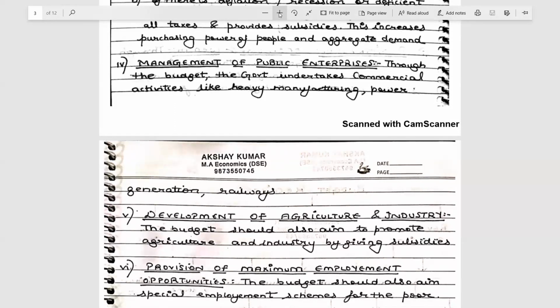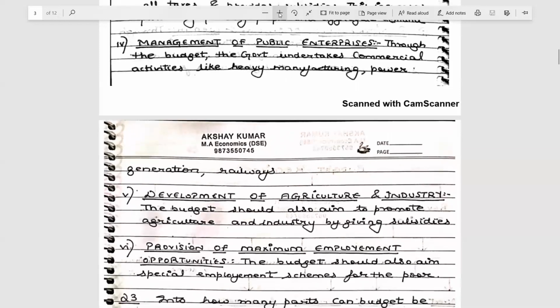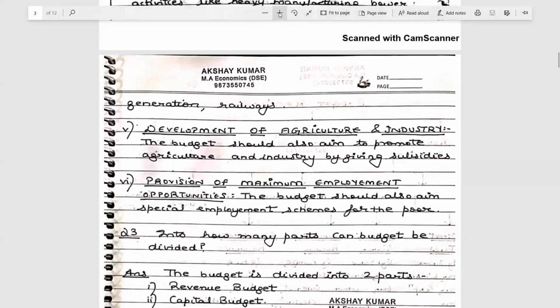Okay, so all the public enterprises of the government are managed through the government budget. Okay, the fifth objective of preparing a budget, development of agriculture and industry. All of us know three major sectors of any economy: agriculture, industry and services. और आपको यही पता होना चाहिए कि ये सारे सेक्टर्स आपस में भी इंटरलिंक्ड हैं. Agriculture is like the backbone. It's very important for the agriculture sector to develop and function properly in the economy.